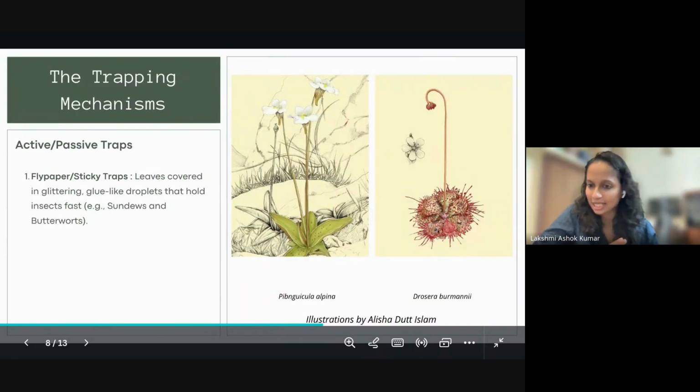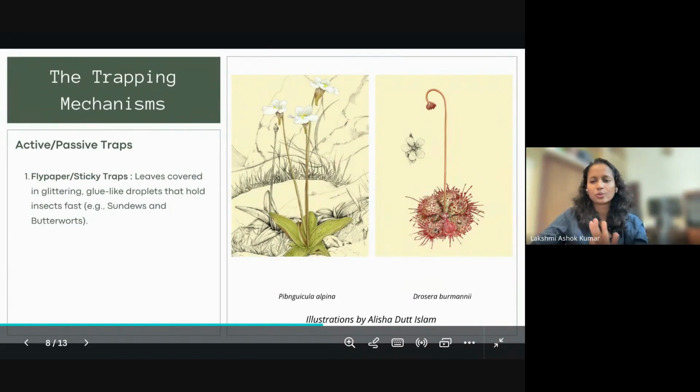One of the fine examples of passive sticky traps is the Pinguicula, or the butterwort. Butterworts are just like succulent plants. There is one butterwort in India, in the Himalayas, and they have a sticky surface. There are tiny droplets of sticky enzymes on top of the leaf where the insects get stuck.